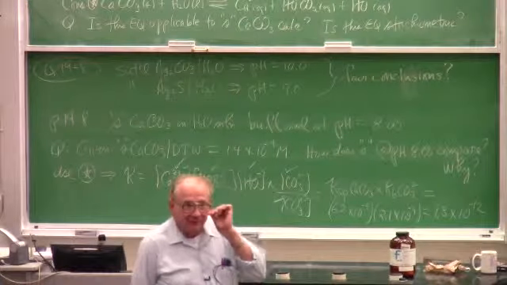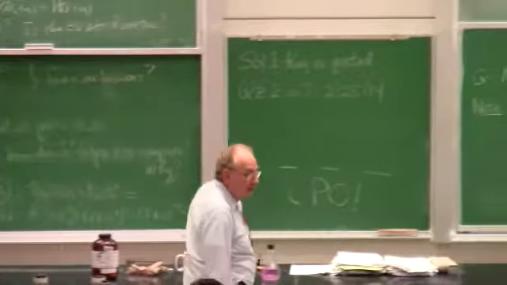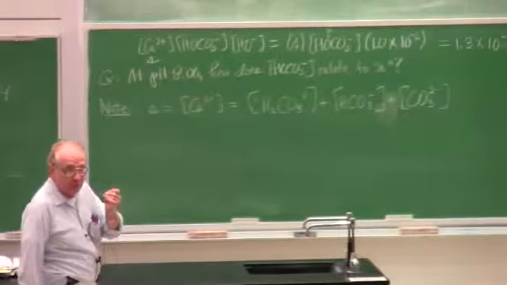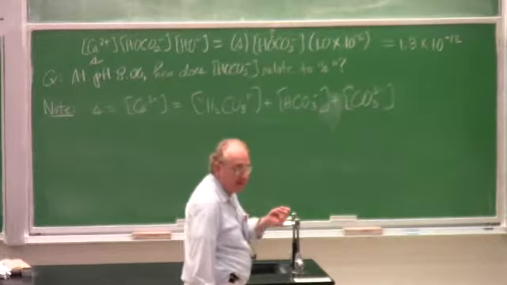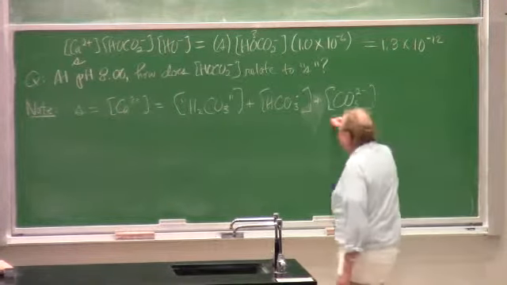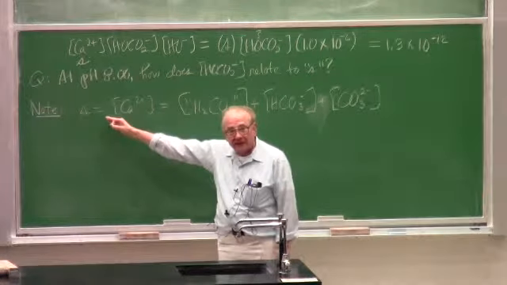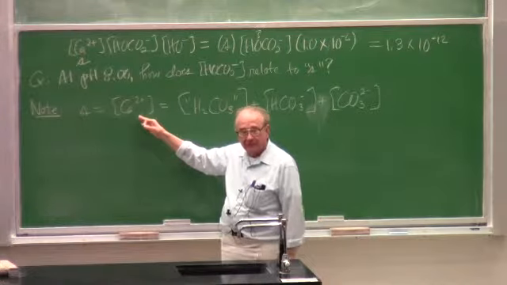Hydrated CO2, quote unquote H2CO3. So if I sum the molarities for all possible forms of carbonate ion, the material balance for carbonate ion in this system, I get this, and that's got to equal S, which is the same as calcium ion molarity.